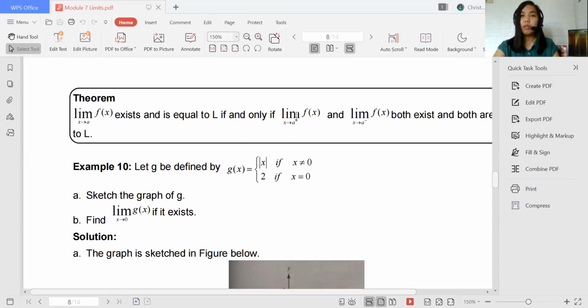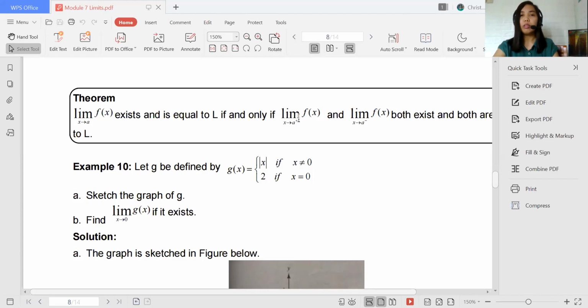So the positive sign means to the right of a. The negative sign means a from the left.